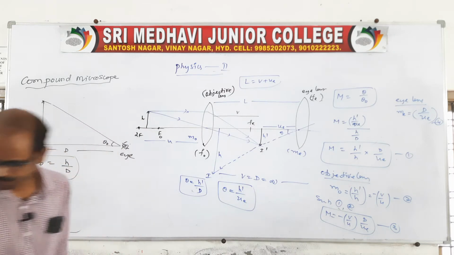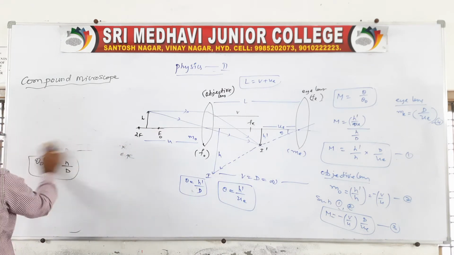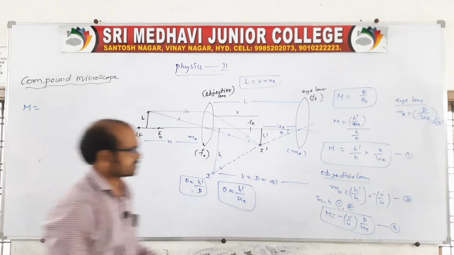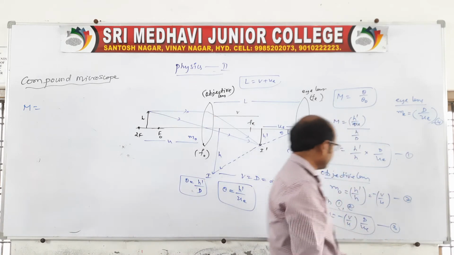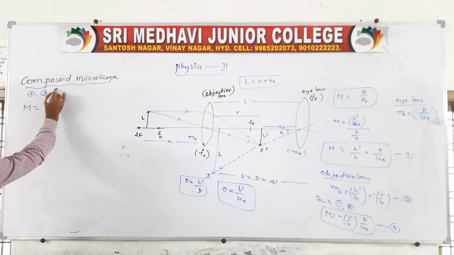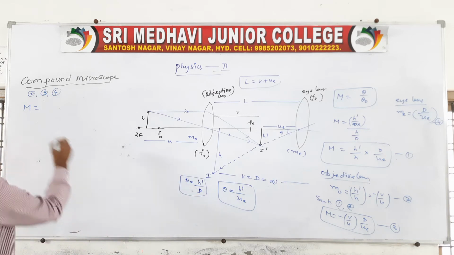Now the total magnification, the overall magnification, we can write like this: capital M is equal to, by using these expressions 2, 3, 4, minus V by U, that is equal to M naught.